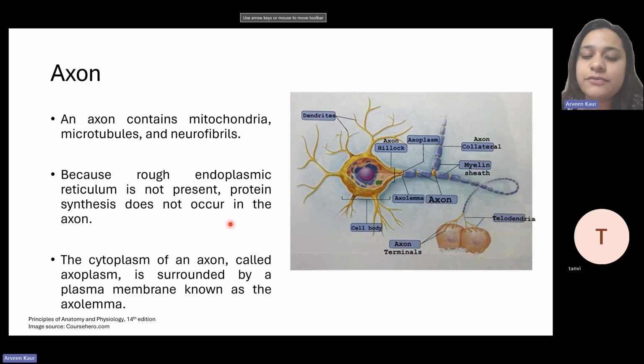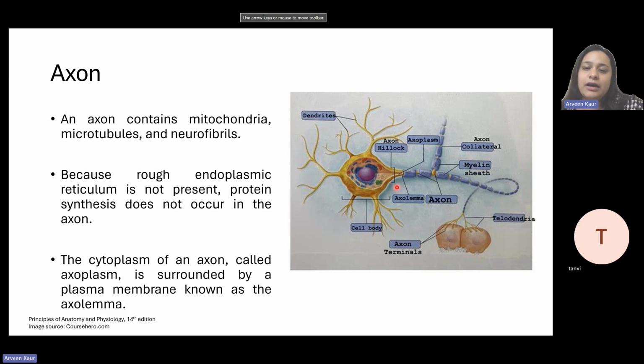And the cytoplasm of the axon is called the axoplasm, right? For instance, the plasma that is present within the cell is known as cytoplasm. The part of cytoplasm that is present in the axon only is known as the axoplasm. It is surrounded by plasma membrane, which is known as the axolemma, right? So a special kind of plasma membrane is present over here.